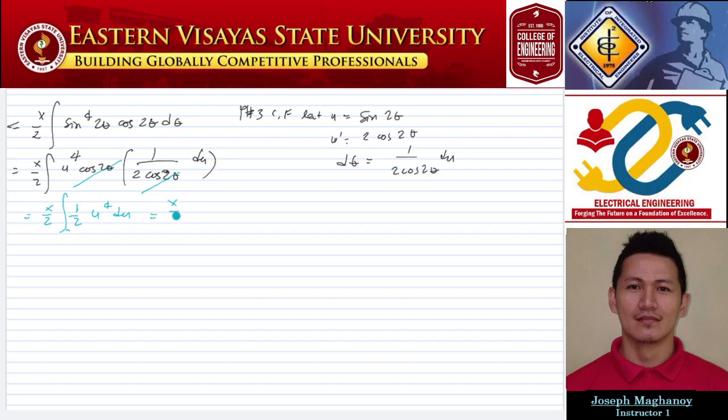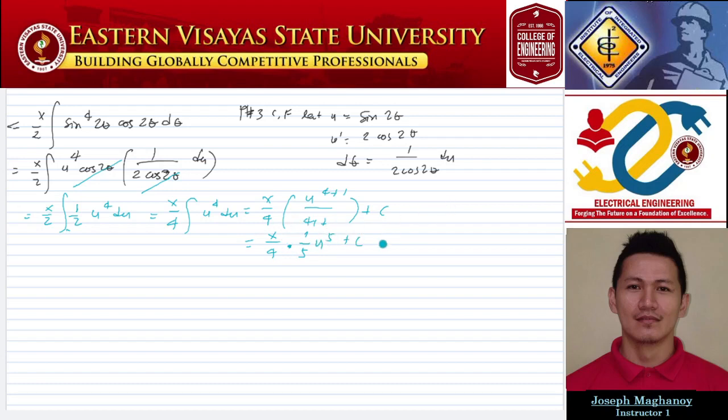You can apply your power formula here. So that is x over 2 times 1/2, that is x over 4, integral of u to the fourth du. If you apply your power formula, that is u to the 4 plus 1 over 4 plus 1 plus c. So that is x over 4 times 1 over 5 u to the fifth plus c.